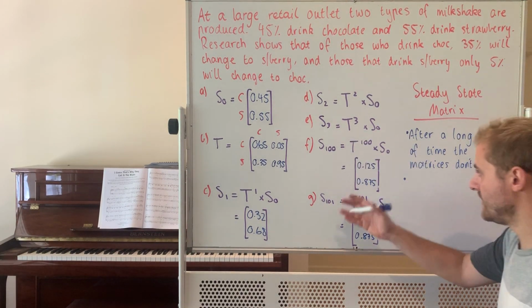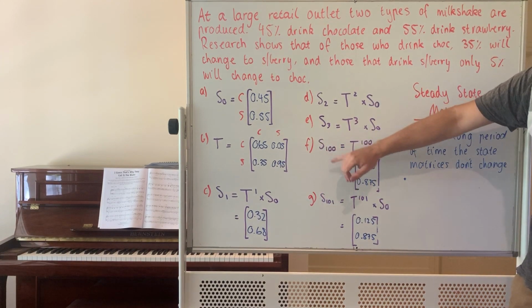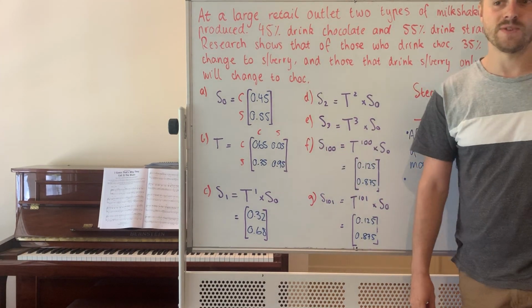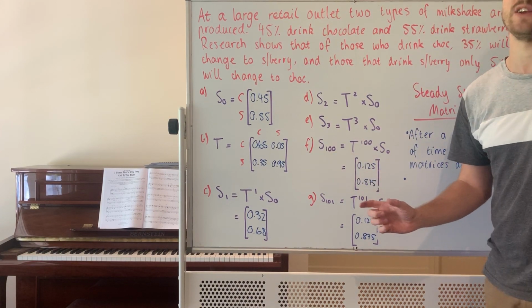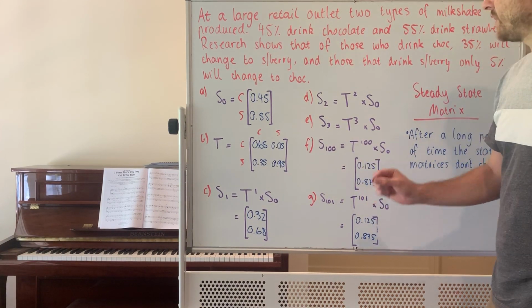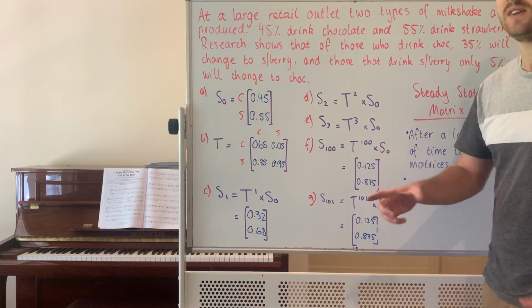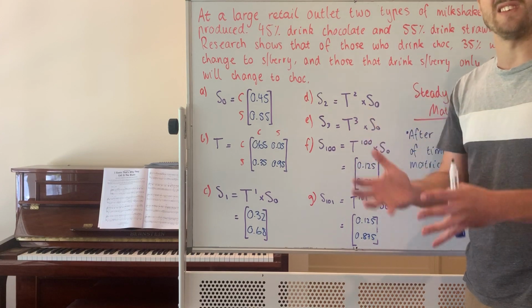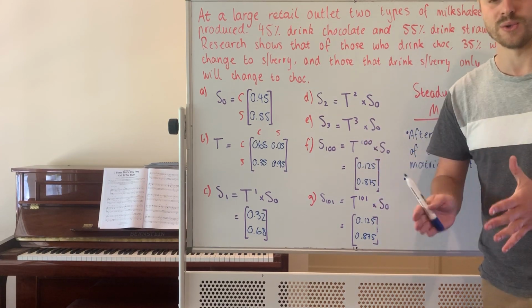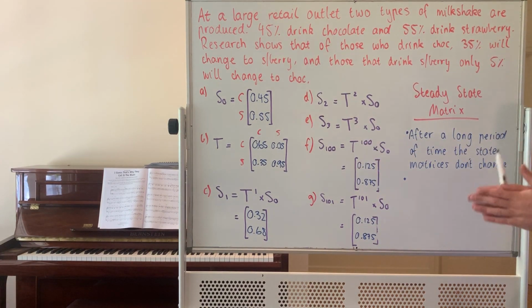So if you had this question but it didn't ask for that, you might put T to the power of 500 times the initial state. The important thing though is that you do the number after that to make sure it hasn't changed. So you might say, I'm going to do T to the power of 200 times S0, I get my answer, then T to the power of 201 times S0, it's the exact same answer, so I conclude that that is the steady state matrix.